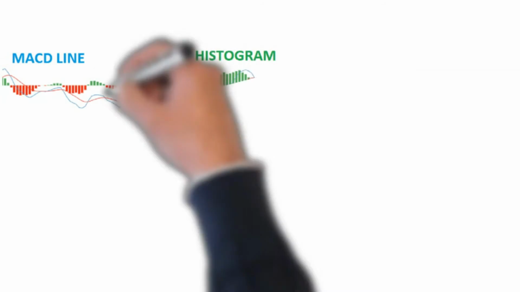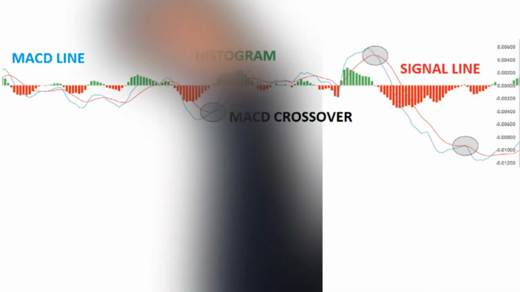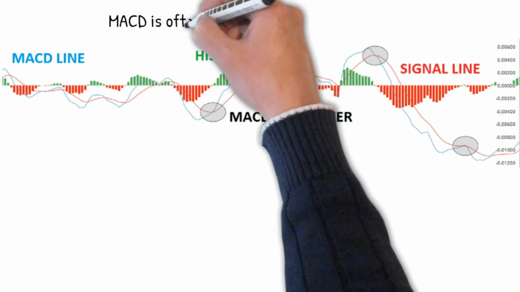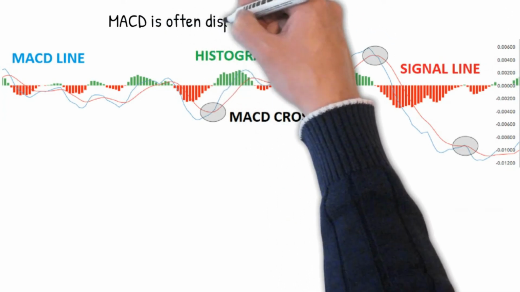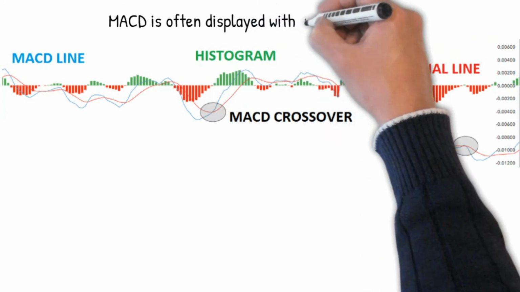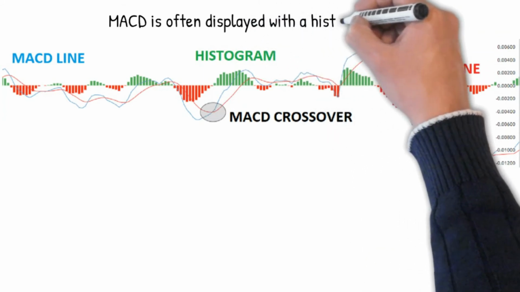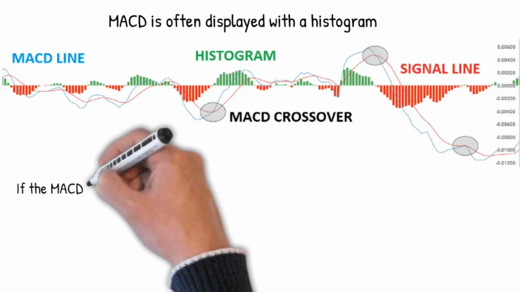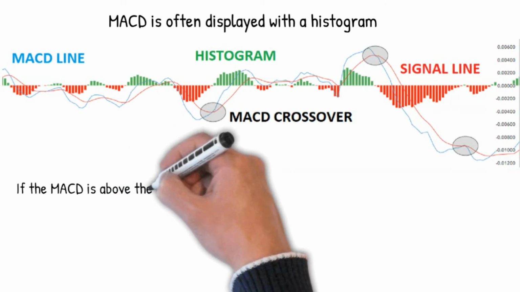MACD is often displayed with a histogram, see the chart below, which graphs the distance between the MACD and its signal line. If the MACD is above the signal line, the histogram will be above the MACD's baseline. If the MACD is below its signal line, the histogram will be below the MACD's baseline.